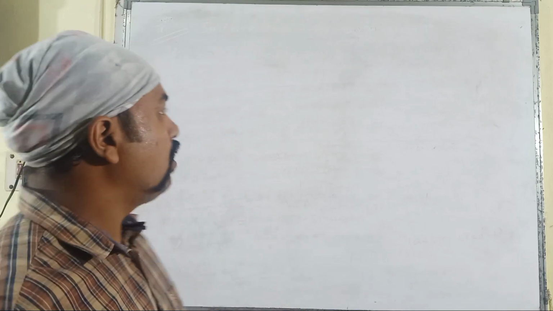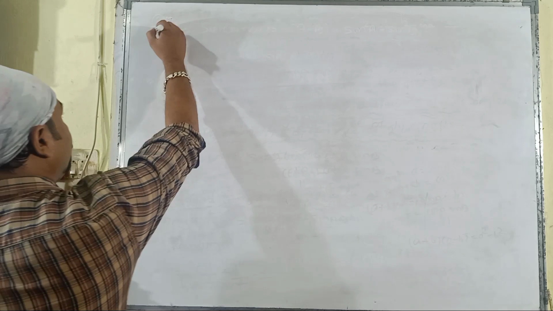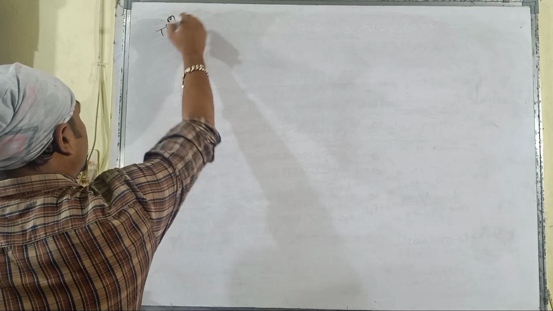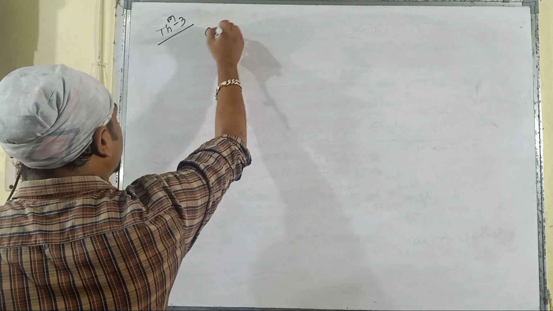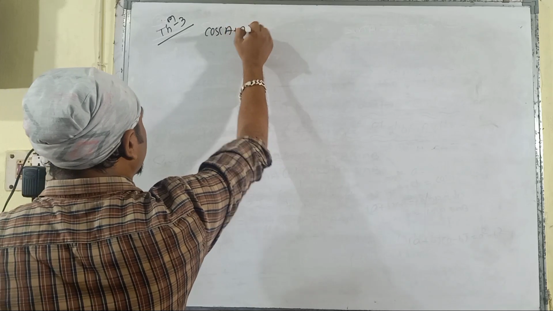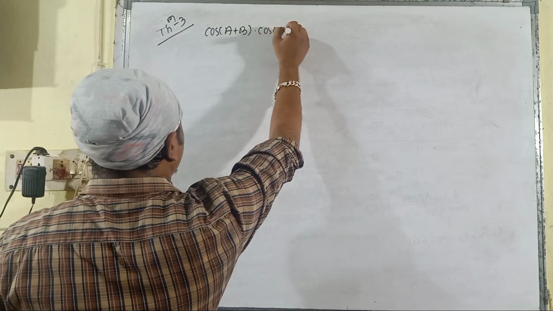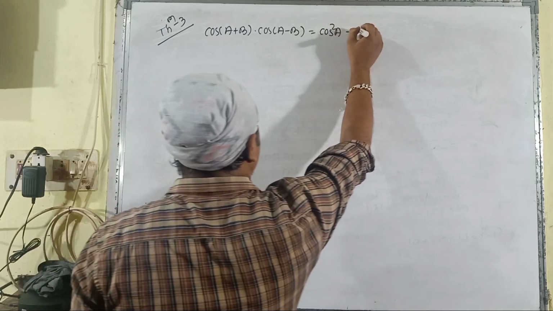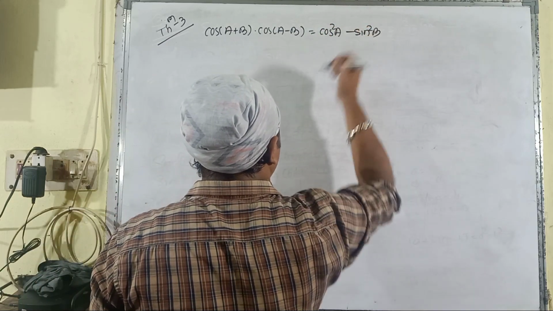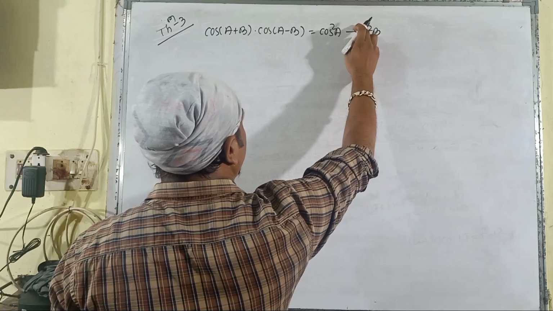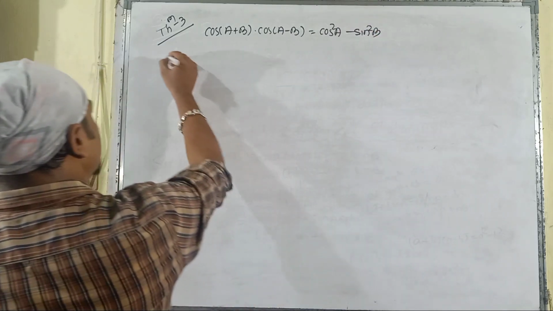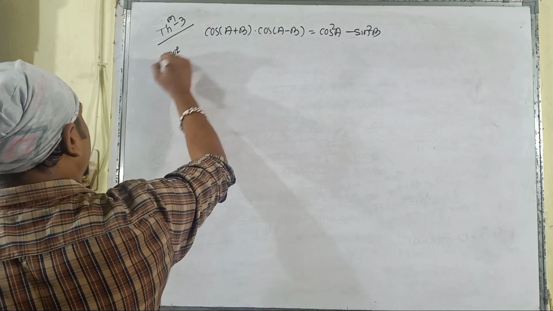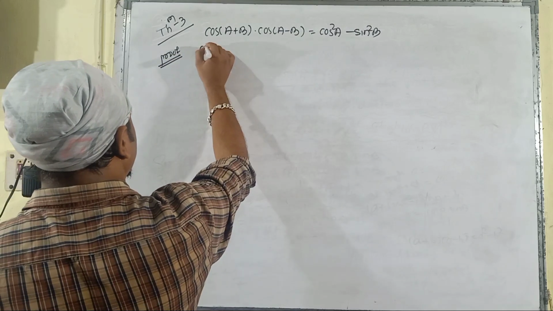Now let us discuss theorem number 3 and theorem number 4. The multiplication of cos(A plus B) with cos(A minus B) is equal to cos square A minus sin square B. So here is the proof of theorem number 3.